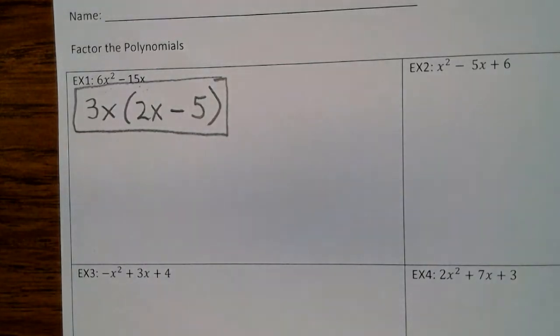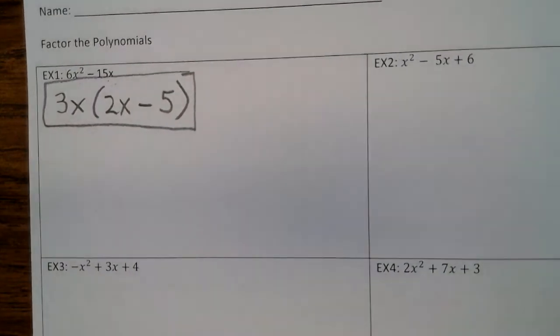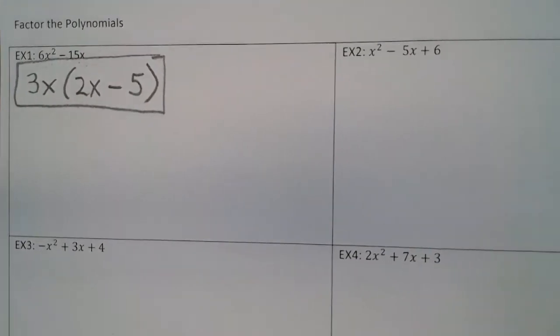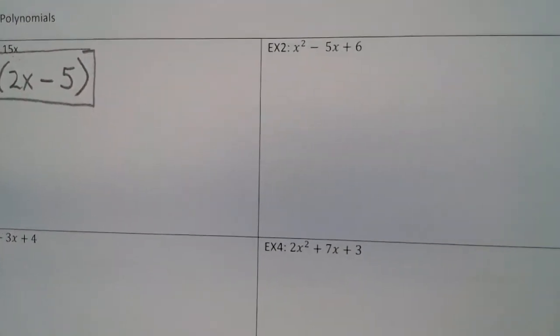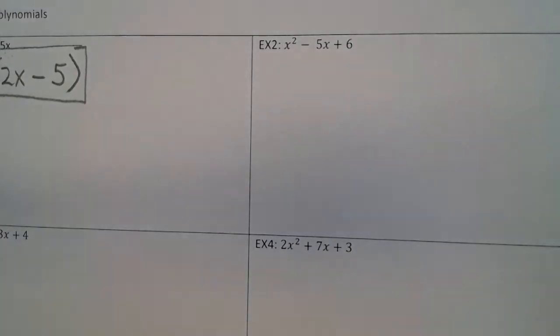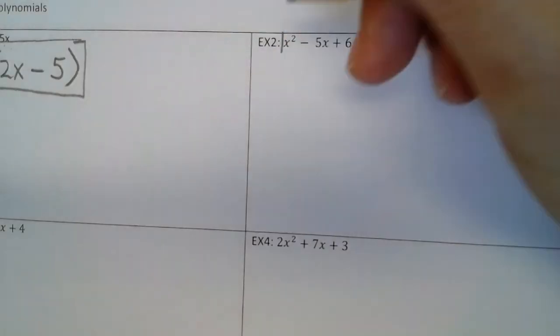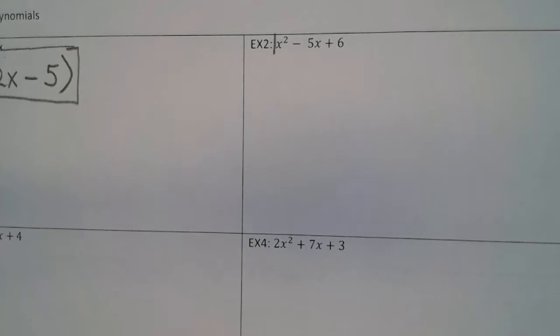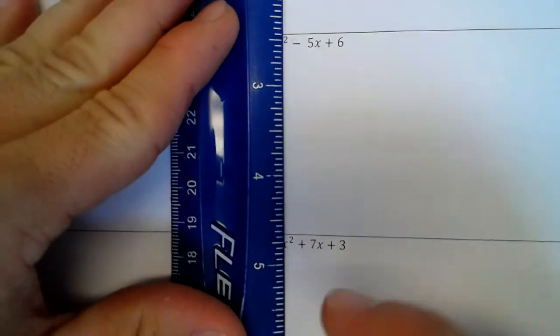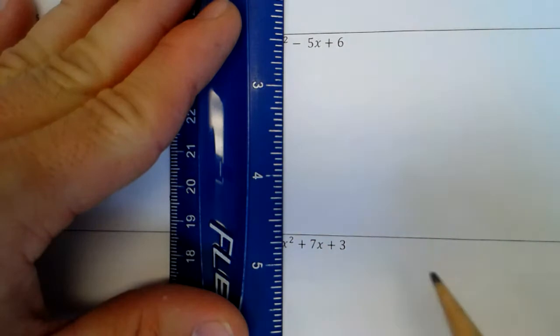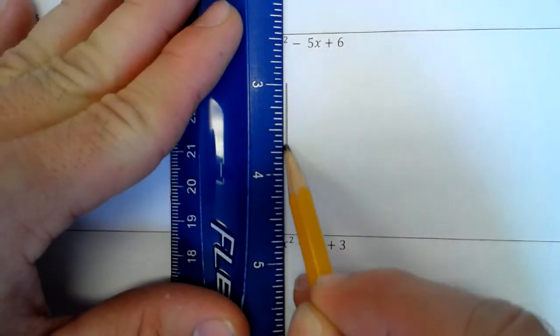All right, let's take a look at example 2. Example 2 doesn't have a greatest common factor. We put a 1 there. So now step 2, factor ax squared plus bx plus c. We're going to draw our box. Now I'm going to use my ruler to try to make my boxes as exact as possible.